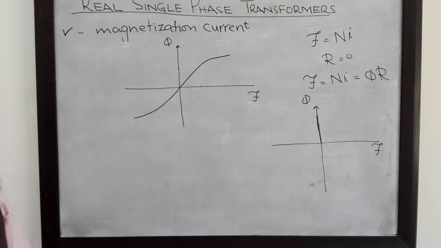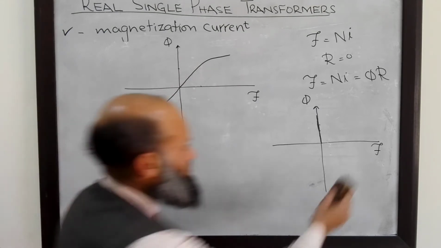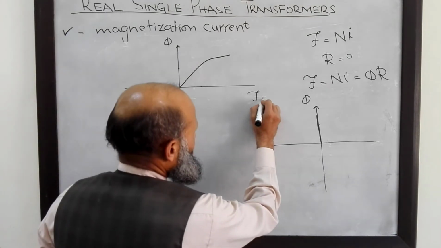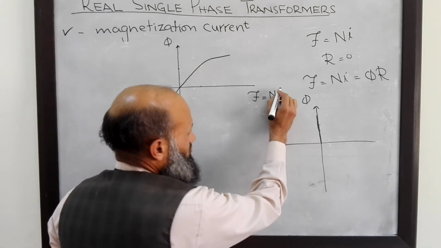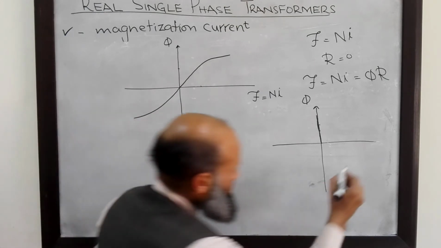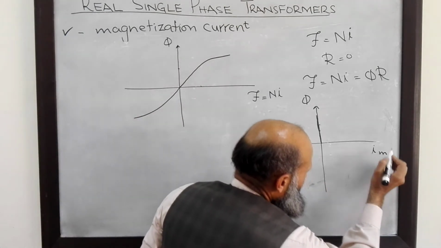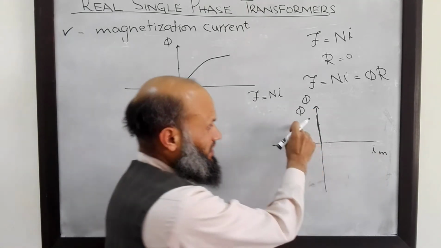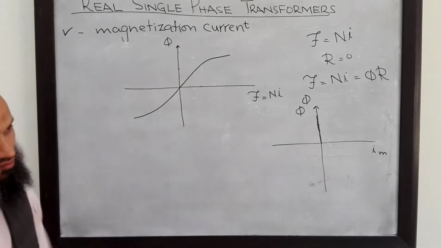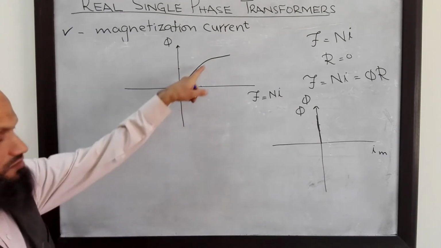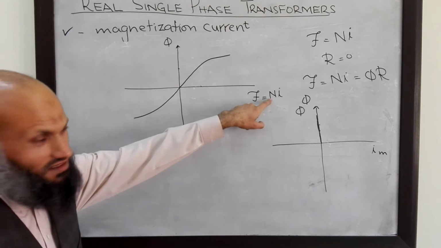What do you think is the curve for the magnetization current? MMF is basically nothing but the number of turns multiplied by the magnetization current. So what do you think is the shape of the curve between magnetization current and flux for a real transformer? It should be of the same shape because N is constant.